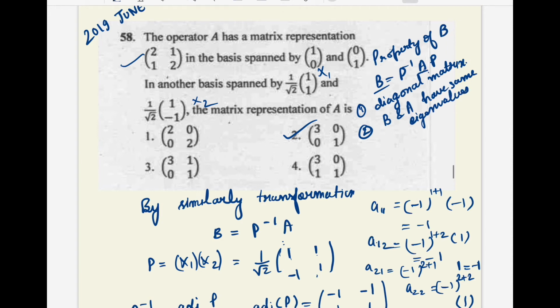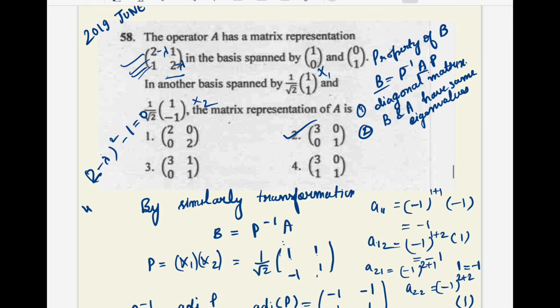If we take out the eigenvalues of 2 1 1 2, it will be 3 and 1 only. Okay, we can do it like this: 2 minus lambda squared minus 1 is equal to 0. So 2 minus lambda squared equals 1. When we solve this, we will get 3 and 1 only.